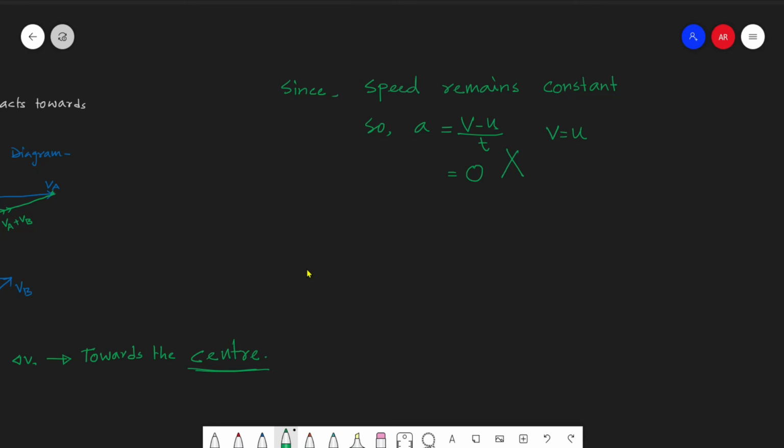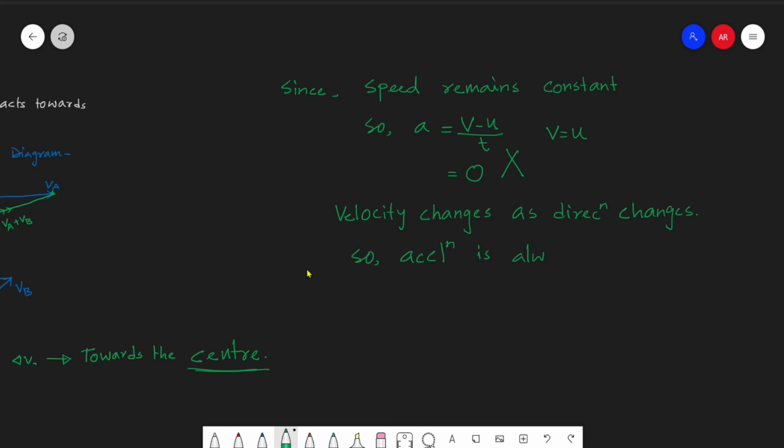All right. So what is going to be the expression of the acceleration? For sure we are not going to use a equals v minus u by t when the object is in circular motion. It does accelerate. The acceleration is not zero because here velocity changes as the direction changes. So direction changes, velocity changes, and that causes the acceleration.